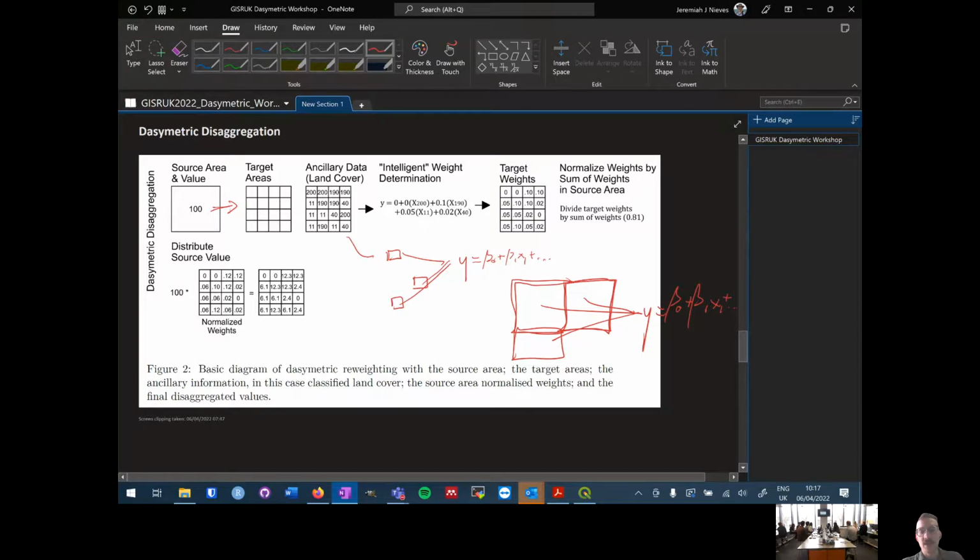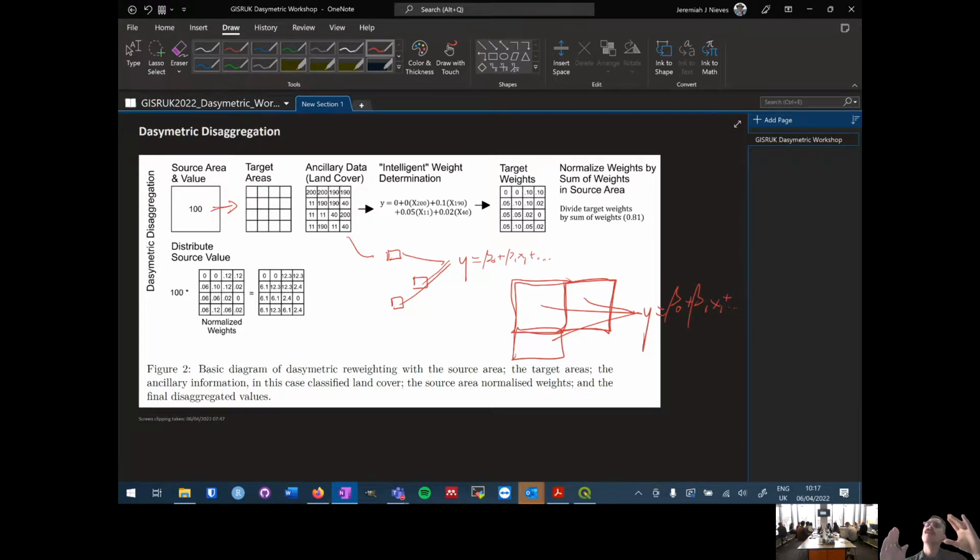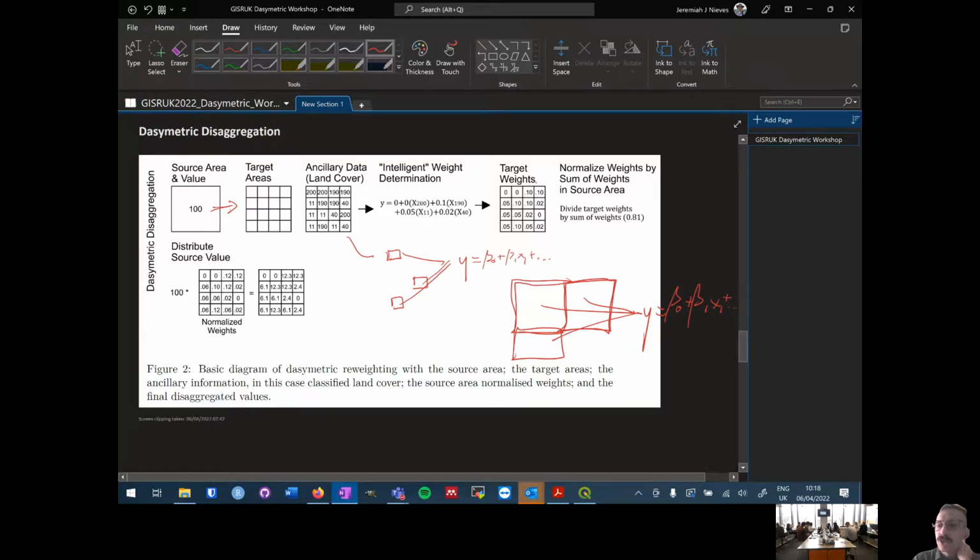You can then do what we call a relative redistribution. So for each source area, you're actually going to normalize these individual weights at the pixel level by the sum of weights in the source area. So in this case, when we sum up all of these pixels here, we get a value of 0.81.